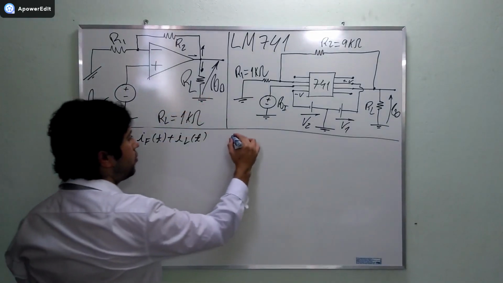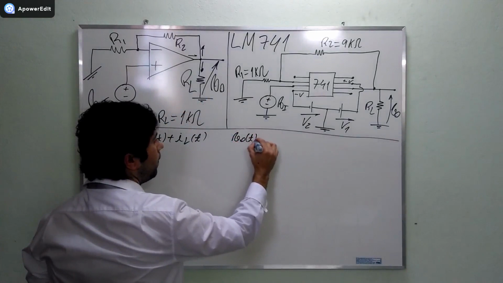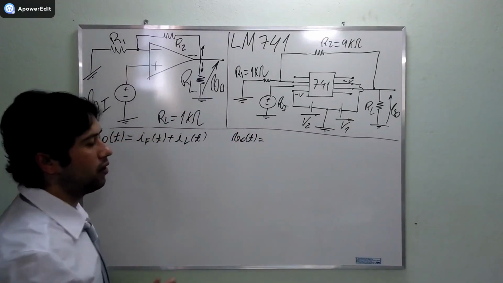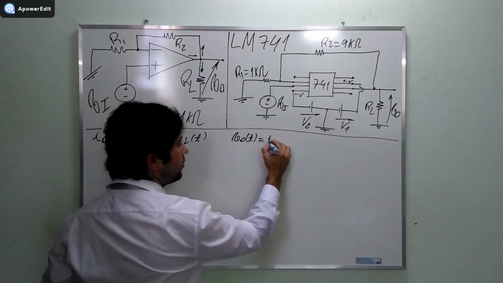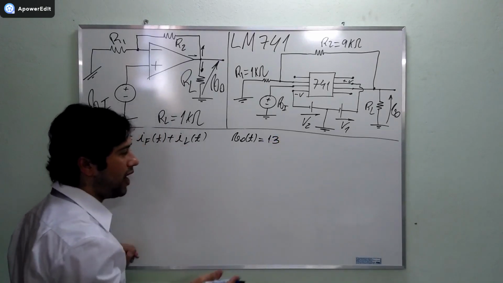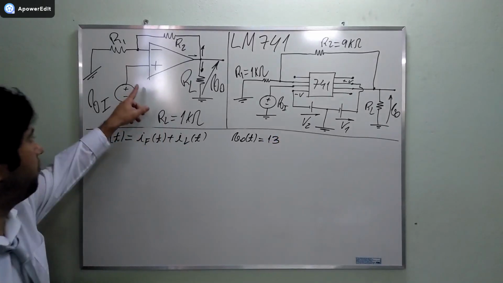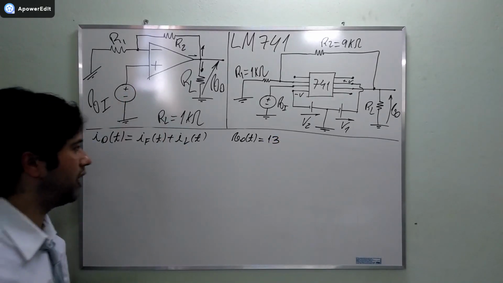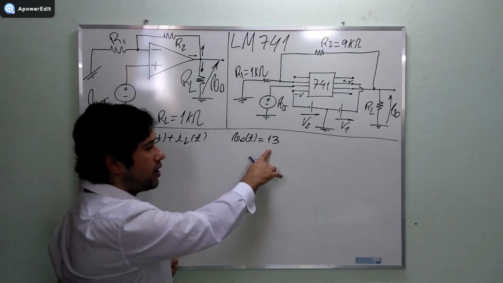However, V0 of t is not going to be 15. It's going to be 13 because it's the maximum value that the amplifier can amplify. It's going to saturate at 13.